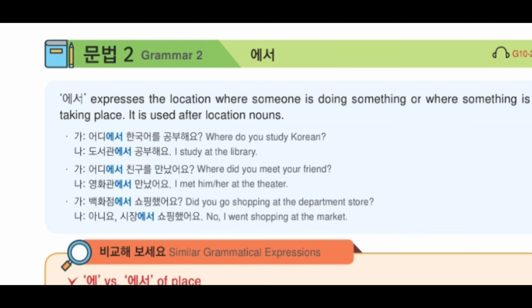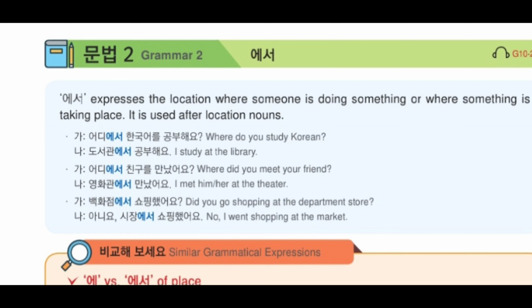Where did you meet your friend? I met him or her at the theater. Good. So what's the action that's taking place here? In English, meet. Good. In Korean? 만났어요. Right. Notice in English we use did to show the past. We don't have a helping verb like that in Korean. It's all one word, 만났어요.